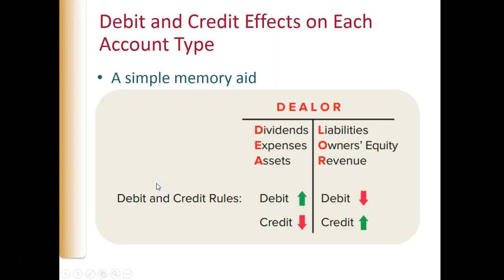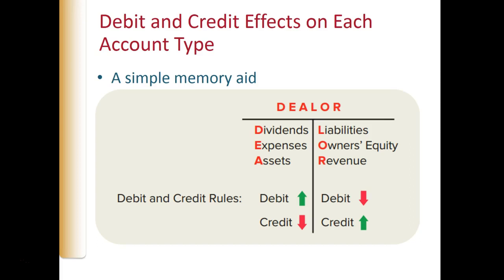So here's a way you can remember this. Debit and credit effects of each of the account types. DEALOR, D-E-A-L-O-R. Dividends, expenses, and assets have all normal debit balances, and to decrease them, we credit.